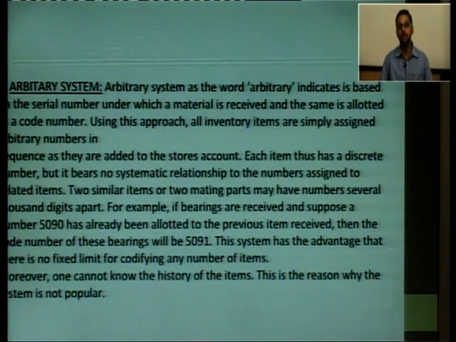Suppose X is the code of ferrous materials and Z is the code of non-ferrous materials. If we put arbitrary numbers on the 10 things, non-ferrous or ferrous, we will not be able to identify the reason or history, that is, which group a particular item belongs to. So this system is not that usable.